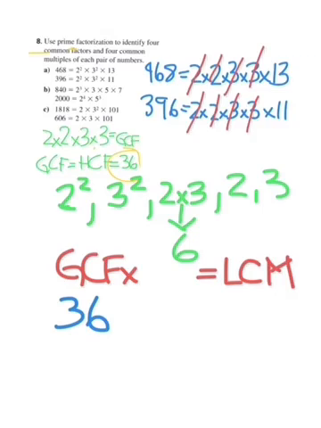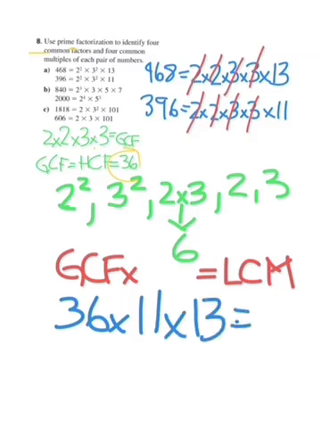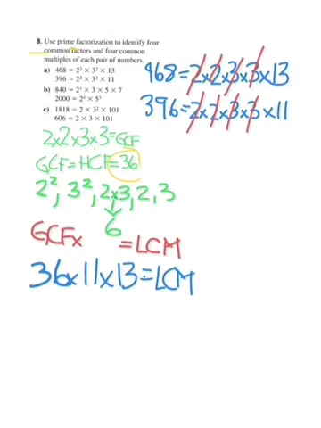So I'm going to multiply 36 times 11 times 13, and that will give me my least common multiple, which will be the same as 5,148.